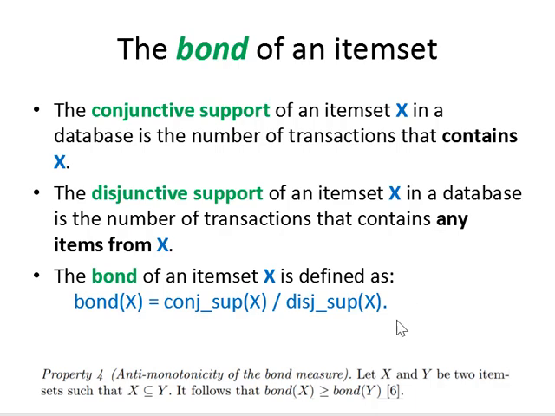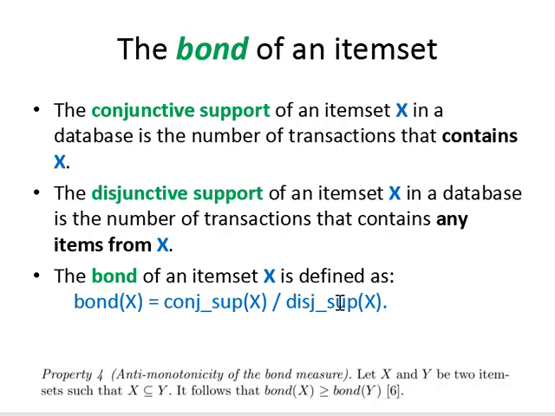Okay. So the bond of an item set X is the conjunctive support of X divided by the disjunctive support of X. Let me explain this again. The bond of an item set X is how many times all items of X appear together divided by how many times at least one item of X appears in a transaction.